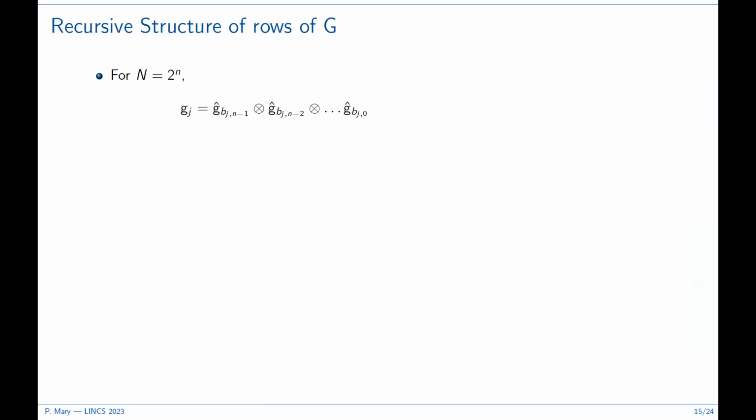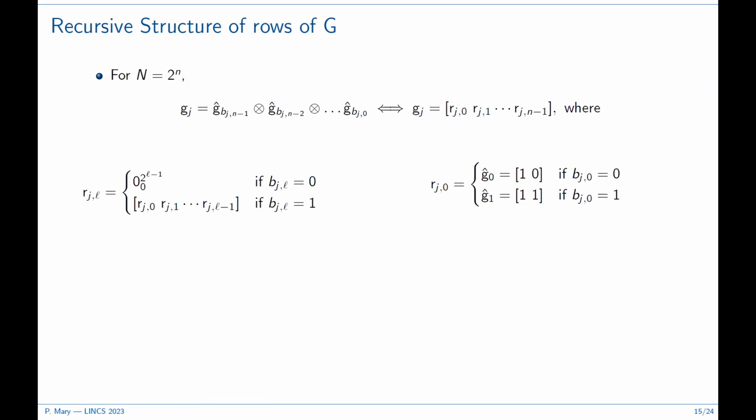The scheme is built on a careful look at the structure of each row of the matrix G, the polarization matrix. So each row, the row g of the polarization matrix, can be written as a Kronecker product of subvectors. So g is a concatenation of subvectors Rgl, where Rgl is either a bunch of zeros if Bgl equals 0, and if Bgl equals 1, it is the repetition of the previous subvector.